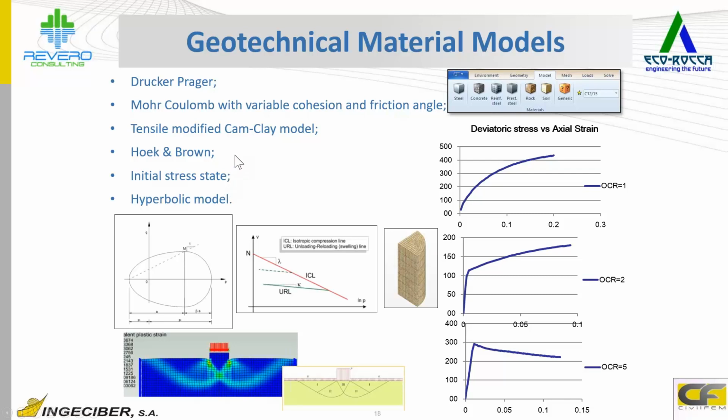That's very useful when we have rock masses or ground behavior where we have a certain status of initial stress. And also the last model is the hyperbolic model introduced, which is similar to small strain behavior in similar software available on the market.